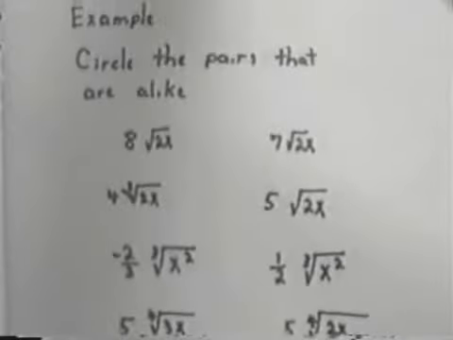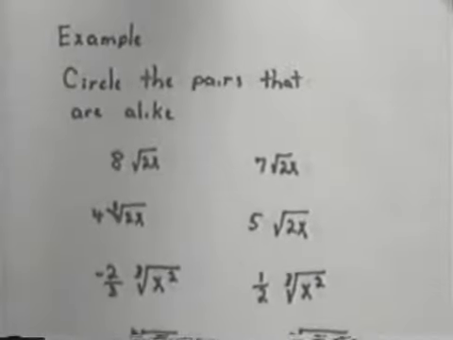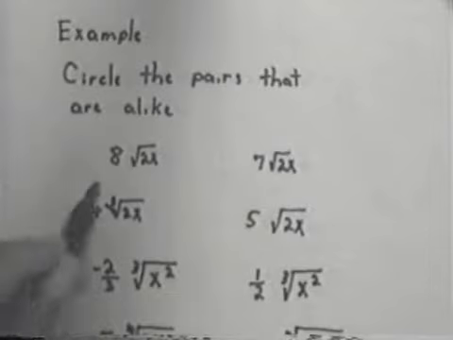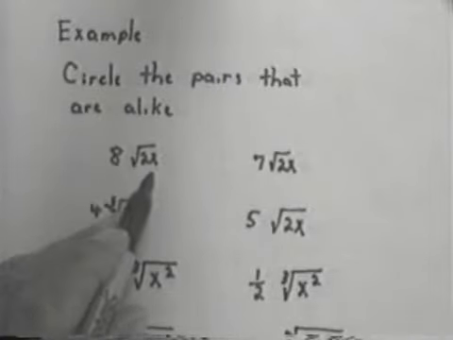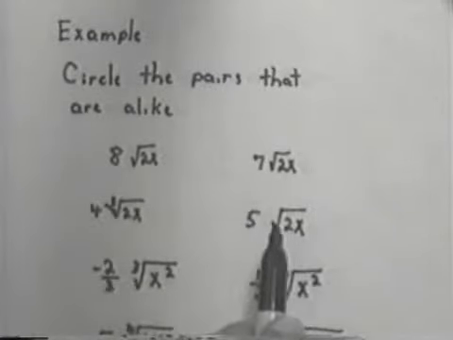What I want you to do is to look at the screen as I go through, and before I actually do it, try to determine which radicals are alike. So we want to circle the pairs that are alike. Let's look at 8 times the square root of 2x and 7 times the square root of 2x.